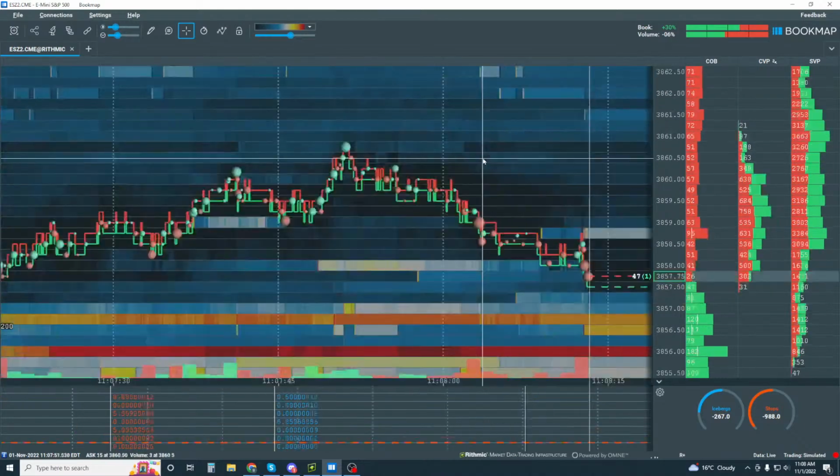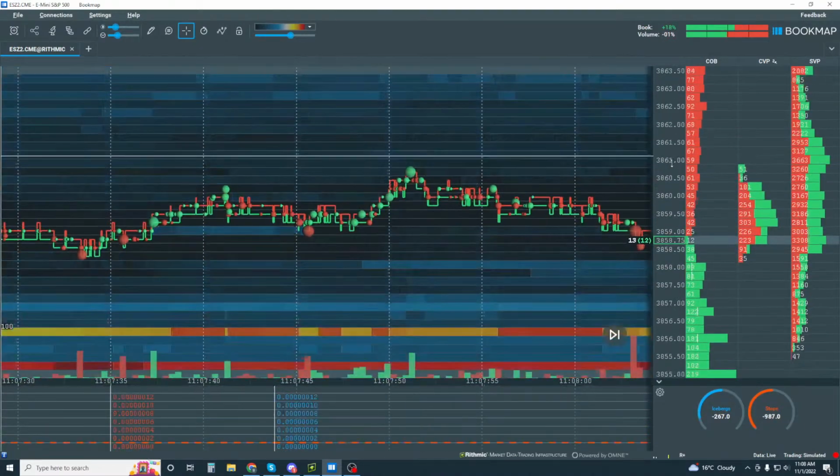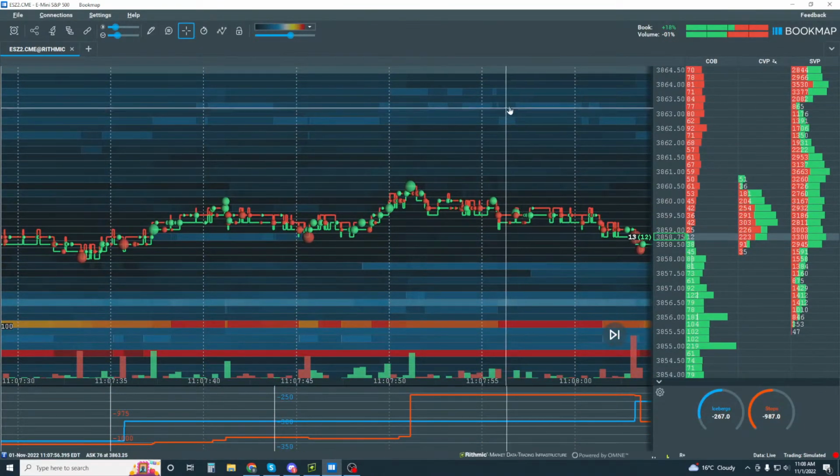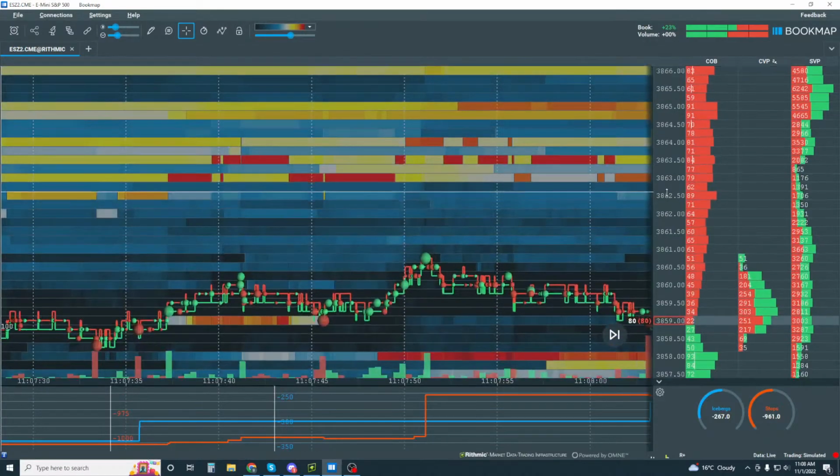But you'll see, even if we look at some of these areas in here, let me just zoom up here. Actually, see this in here. This is clearly an algo. Right now it's likely a market making algo. They're providing liquidity up in these areas. It's pretty far away, but look at this behavior. Pulled that liquidity here, added it here.